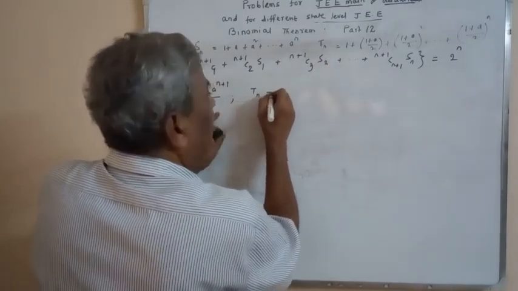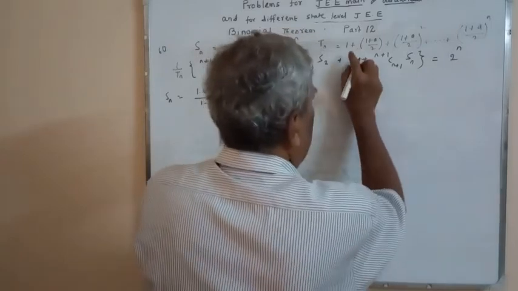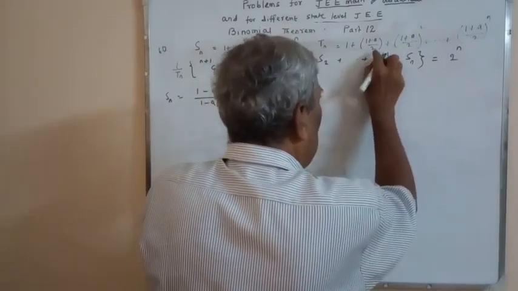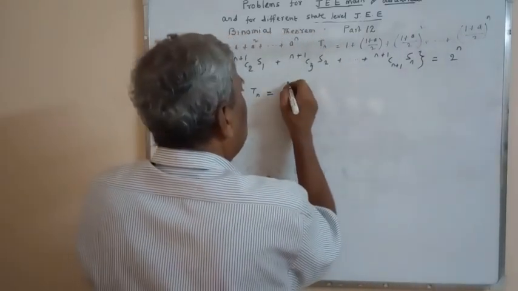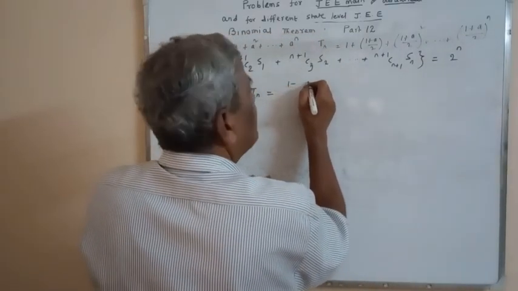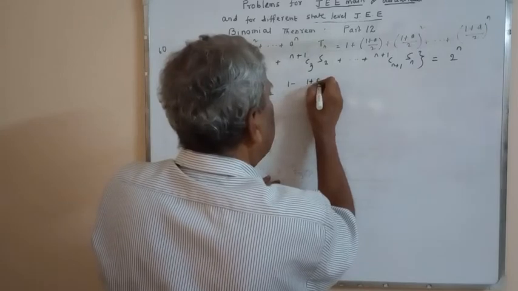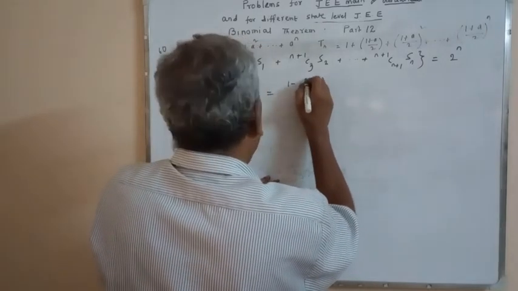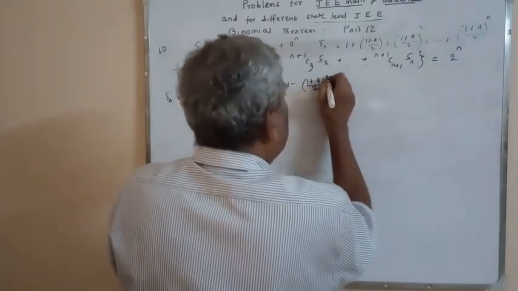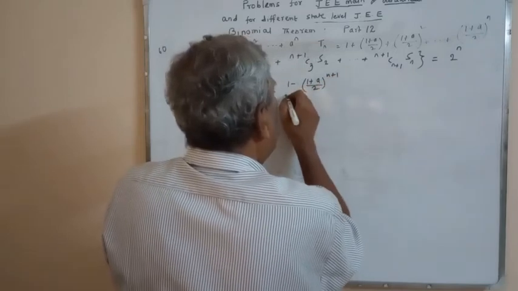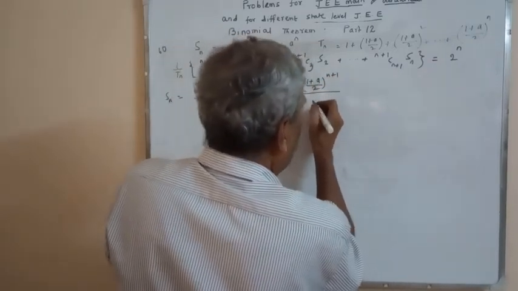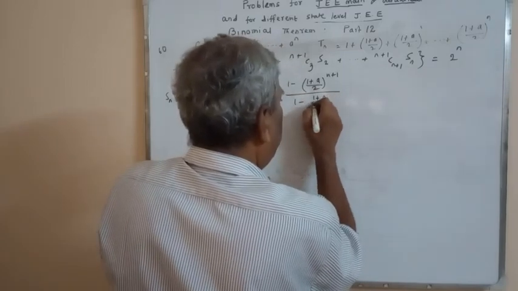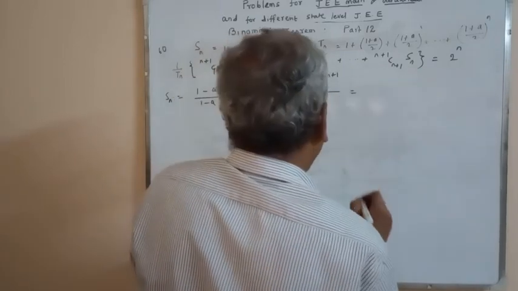Tn is again a GP series, with common ratio (1 plus a)/2. So it is equal to 1 minus ((1 plus a)/2) to the power of the next higher term, n plus 1, by 1 minus the common ratio.